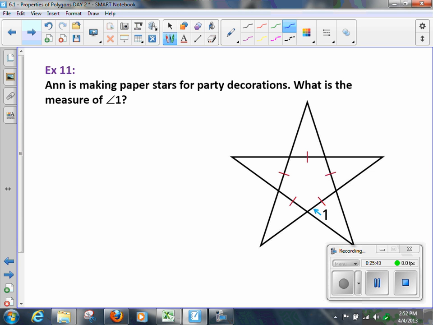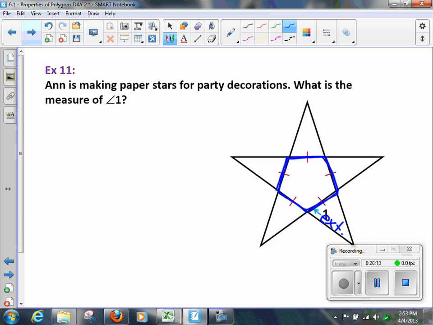Look at this problem. Are we going to focus on the star or the pentagon? We're going to focus on the pentagon. We do not care about that star. Angle 1 is an interior or an exterior angle? It's an exterior. Okay?